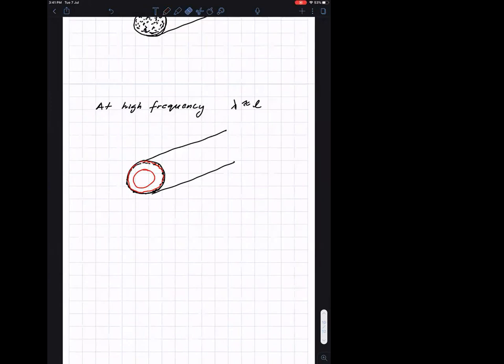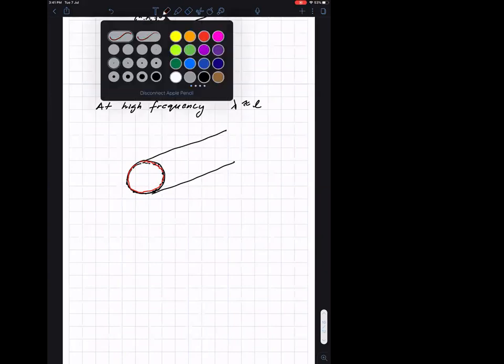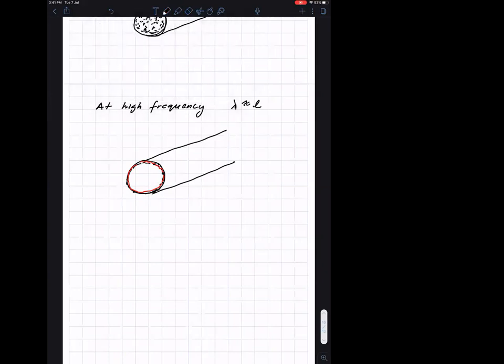Therefore, the same amount of current is flowing through a smaller area. So it is going to increase the impedance. It's going to increase the resistance. Charges flow on the surface.